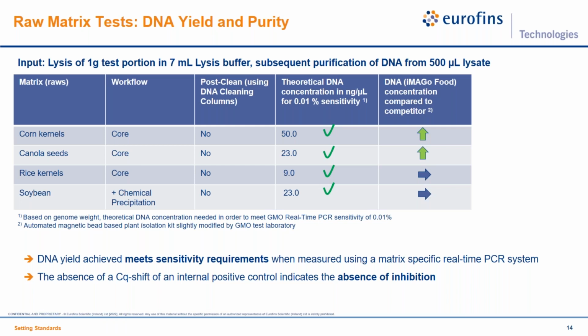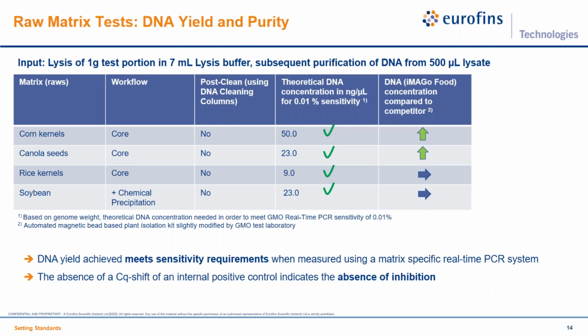So as a summary, we can say that the solution we are providing achieves the yield and meets the sensitivity when measured, as I was saying, with a specific real-time PCR. And as I've also mentioned, we were looking at the potential presence of any inhibition, and this was measured by looking at a Cq shift using an internal positive control, which is included in the real-time PCR kits on our side.